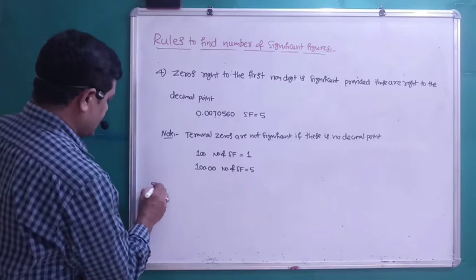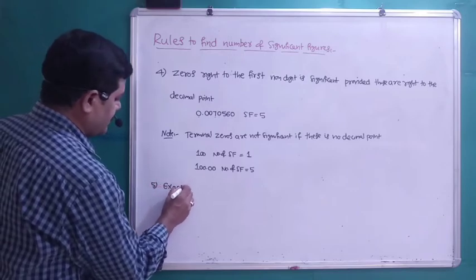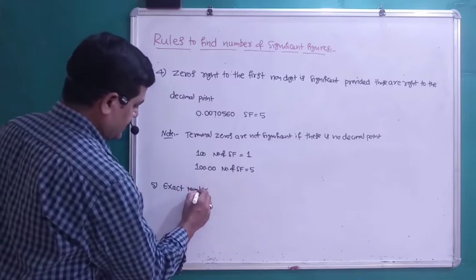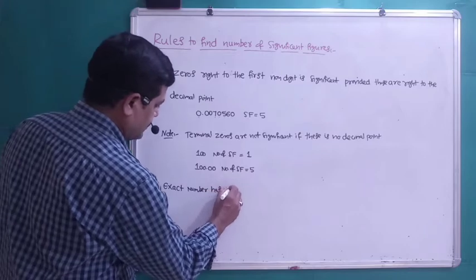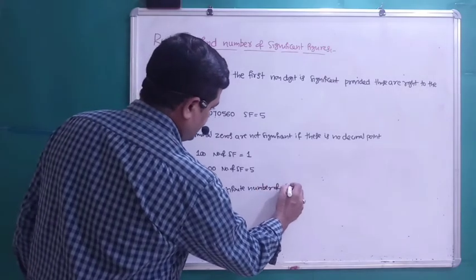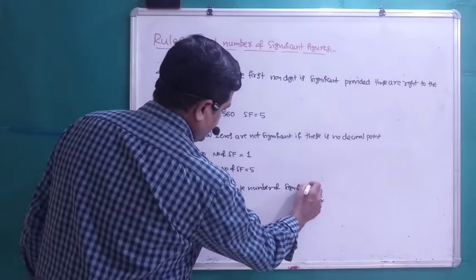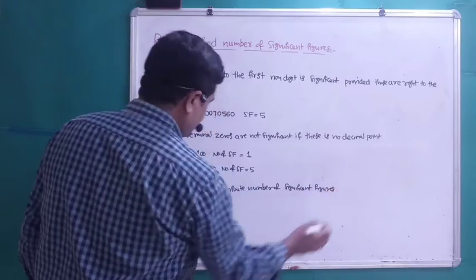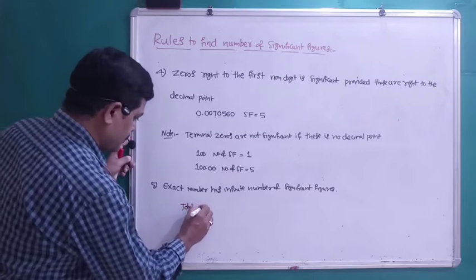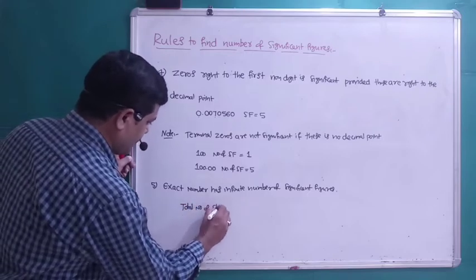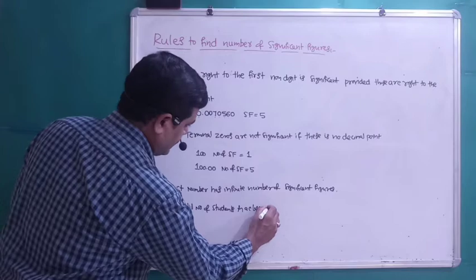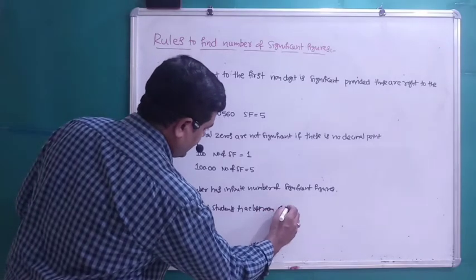Fifth rule is an exact number has an infinite number of significant figures. For example, the total number of students in a classroom, assume it is 45.